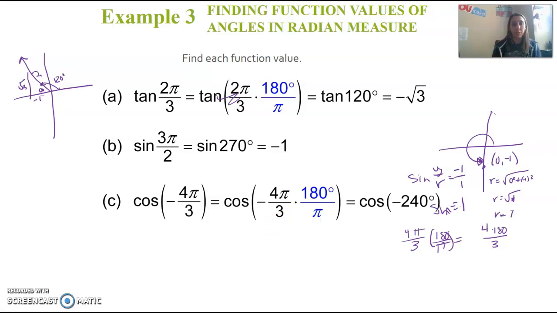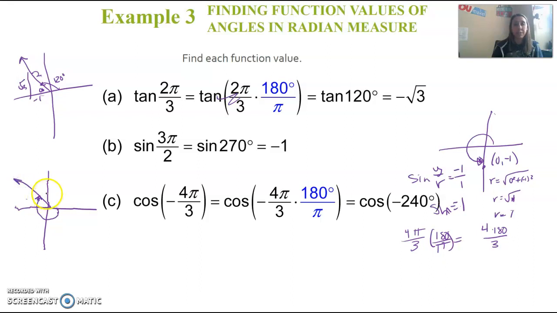So we have to draw that. And so we start here, we go down, and that's negative 90, negative 180, and we get about right here.